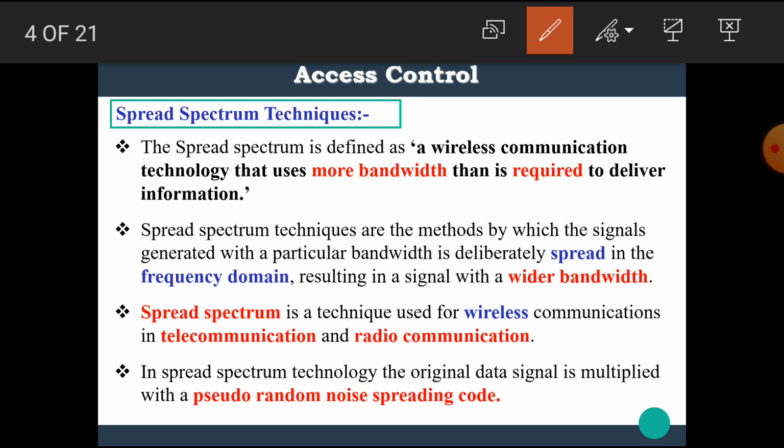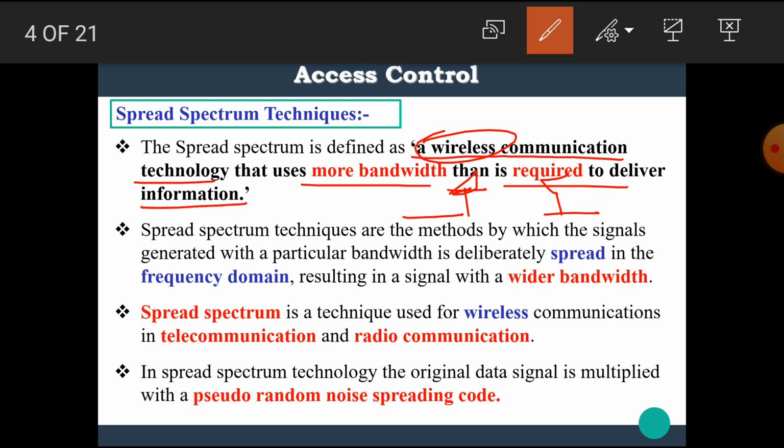The spread spectrum is defined as a wireless communication technology that uses more bandwidth than is required to deliver information. That means the spread spectrum technology is a wireless technology. In this type of communication, an antenna is used to transmit the data.